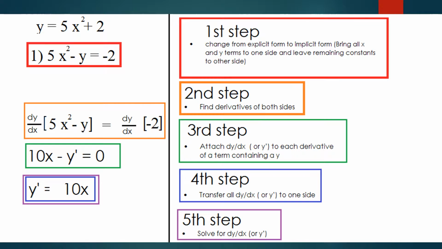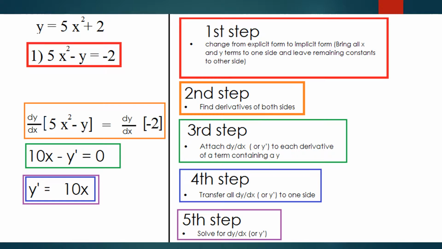After that, the second step is to find the derivatives of both sides. For 5x squared, you don't have a y term at all, so you do it the same way you did for the past couple of weeks. 5 times 2 is 10, and 2 minus 1 equals 1, so it's 10x to the power 1. Normally you would just say 10x, minus... but you have to remember that you're finding the derivative implicitly, so you attach a y prime, since you are finding the derivative of a term that contains a y.